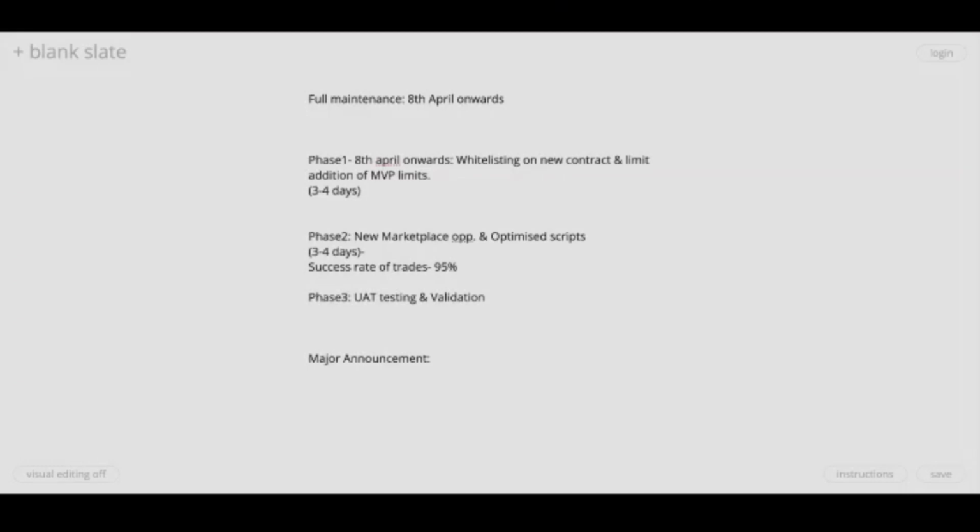And in this whole process, we survived so many failed trades. We survived a lot of difficulties. We survived limit discrepancies. We survived some loss of transactions also.